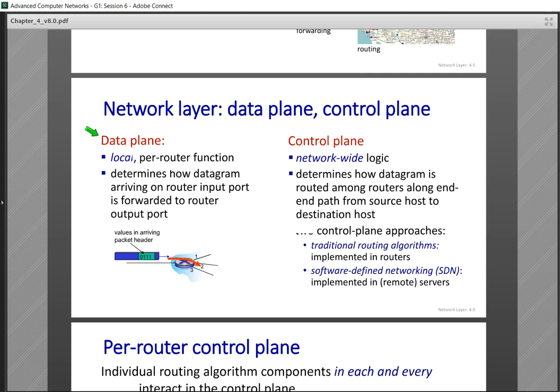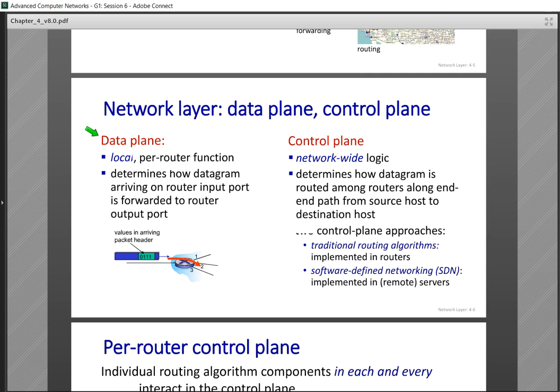When we talk about data plane, we talked about the basic functions of a router. We said that okay, one packet will arrive at the router, and the router should define its path and forward it toward the destination.